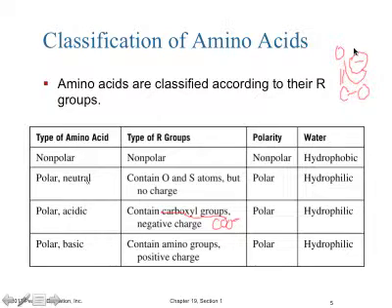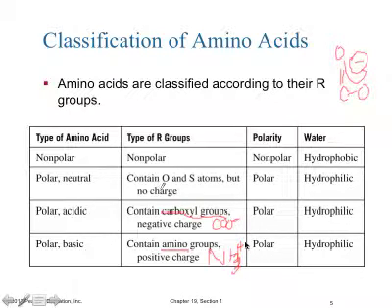If it's polar and basic, then it means it has amino groups. And you know what that means. It means it's NH with either 2 or probably 3 if it has the positive charge. So NH3 plus. And as we saw in the earlier slide, every amino acid has this and this if it's an amino acid by itself.